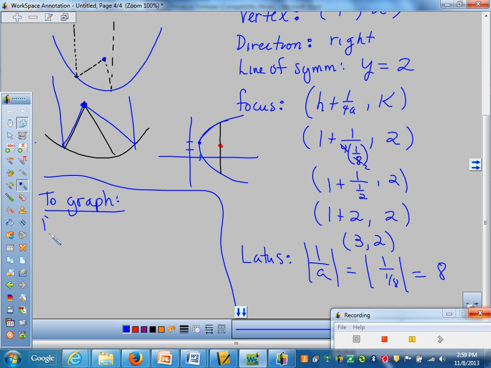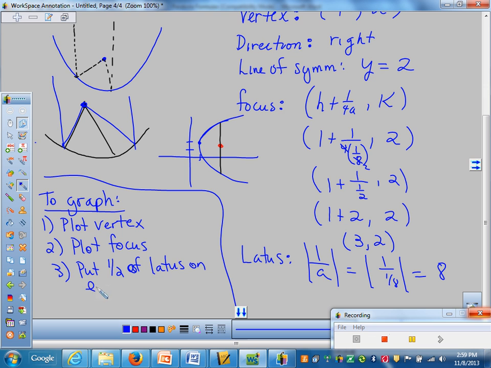So if you want to graph a parabola, all you have to do is plot the vertex, plot the focus, and then put half of the lattice on each side of the focus.